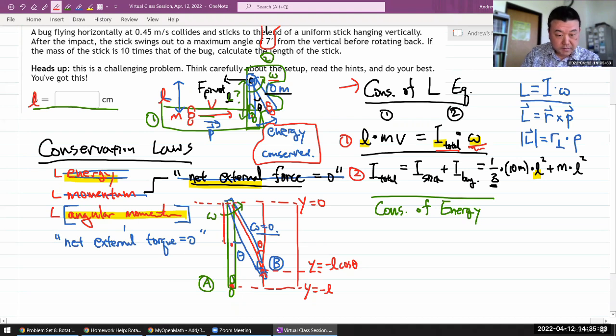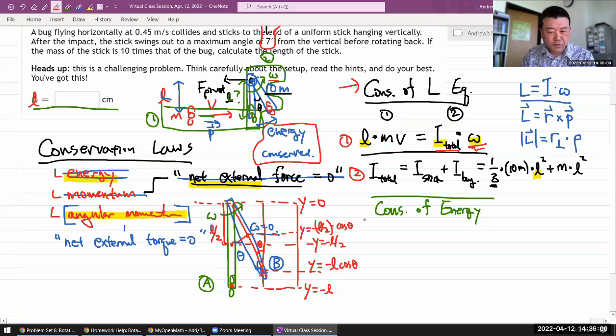So this distance of L over 2, that's where I'll pretend the entire 10m of the stick's mass is. And it'll swing up to this position that's L over 2 from the pivot point. So these distances will be y equals minus L over 2, swinging up to y is equal to minus L over 2 times cosine theta.